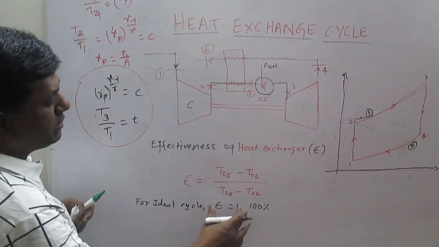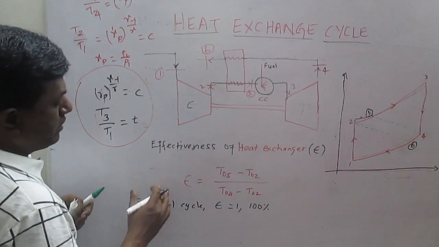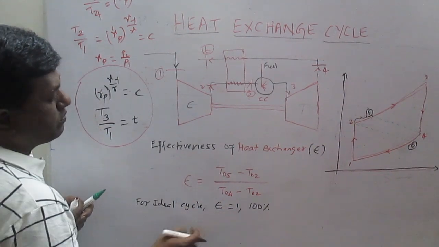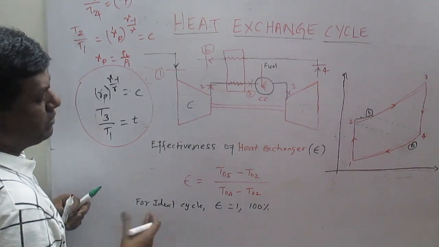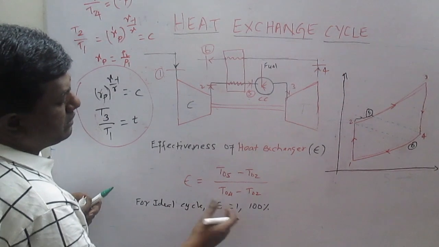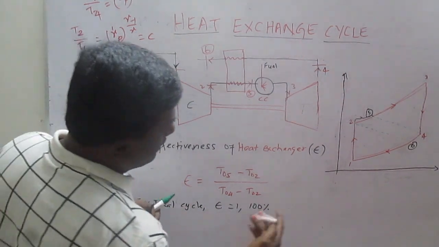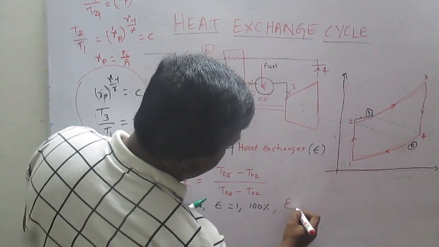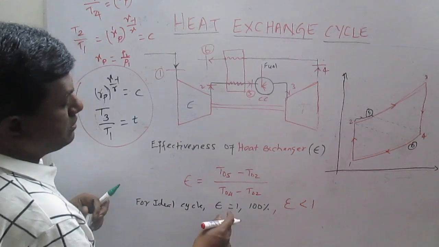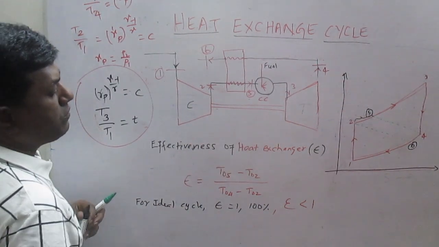So the cycle may be working fine with that, but it also works well with an effectiveness less than 1. Whenever we have an effectiveness less than 1, or less than 100%, this heat exchange cycle performs well.